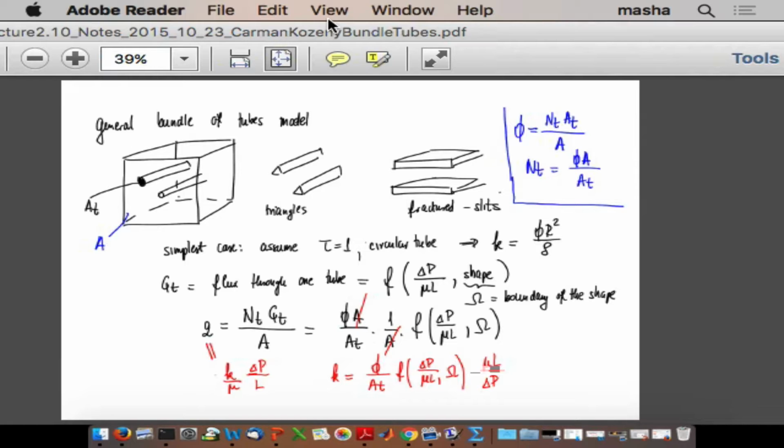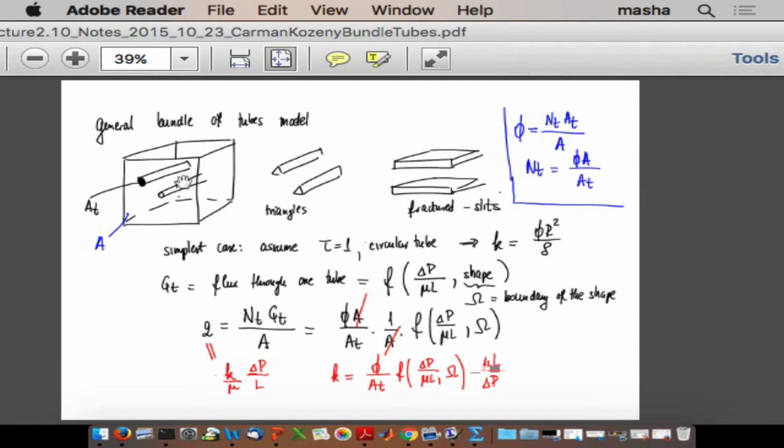And in that case, we know that the volumetric flux through one tube is some function of the pressure gradient and viscosity, right? That was my boundary condition in the Poisson equation, and some function of shape, okay? Because Vz has to be 0 at the shape. So depending on what that function is, I will have different relationships for Qt.